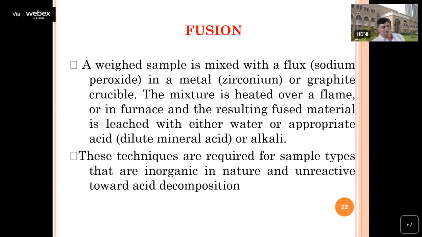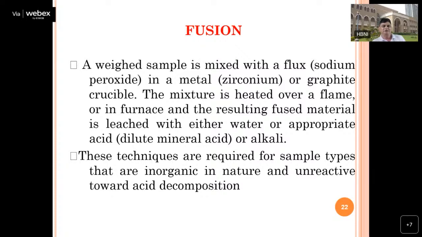As I told you, this is the last resort. Generally chemists avoid fusion. Why should fusion be avoided? Because it is very time-consuming as well as expensive. Ultimately you are bringing your analyte into a solution, but in doing so you are adding a lot of salts.